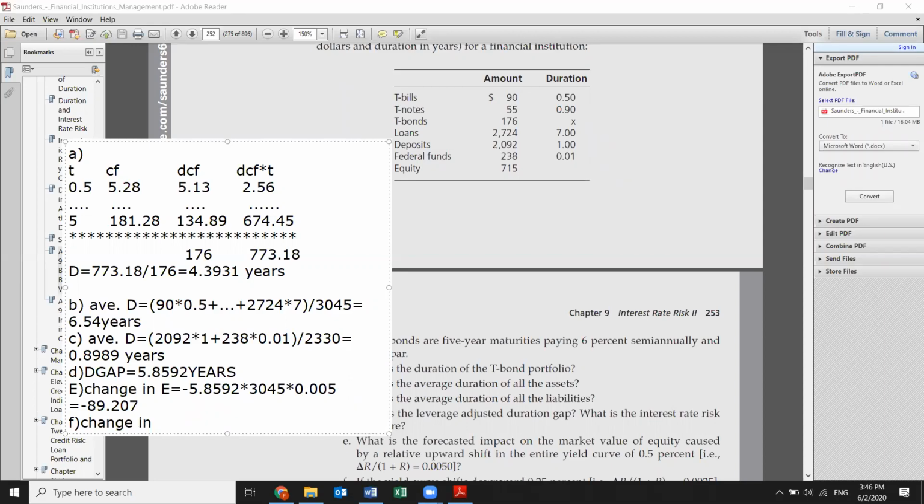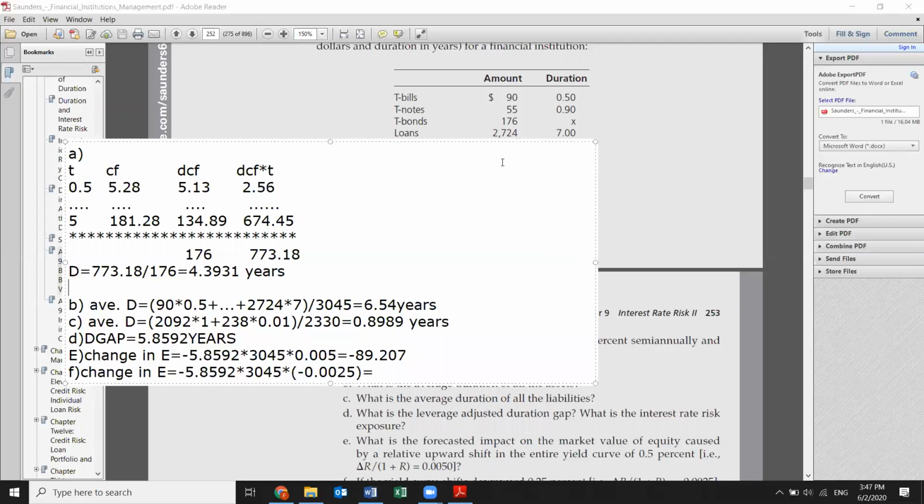Change in equity is equal to the adjusted duration gap, which is minus 5.8592 times 3045, and this times a negative number, minus 0.0025, and that should bring you actually a positive number.